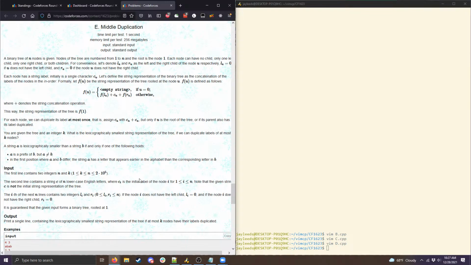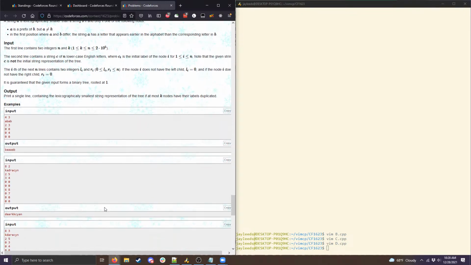So we can replace a node's character with two copies of its character. However, we can only do this when either our vertex is the root or our vertex's parent has also had its label duplicated. And we can perform this operation on at most k nodes. So now we have to find this lexicographically smallest string representation of the tree.